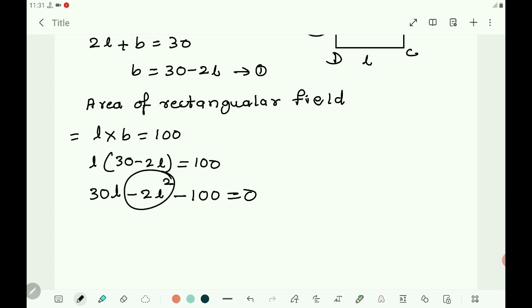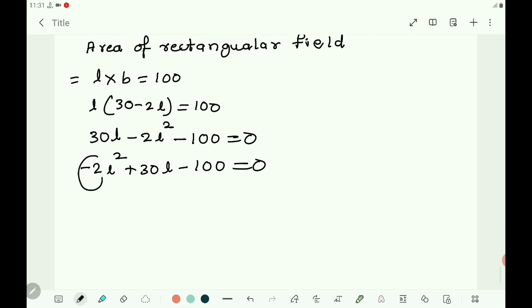Then write minus 2L square first as a first term. Minus 2L square plus 30L minus 100 equals 0. To remove the minus sign, take minus 2 common.